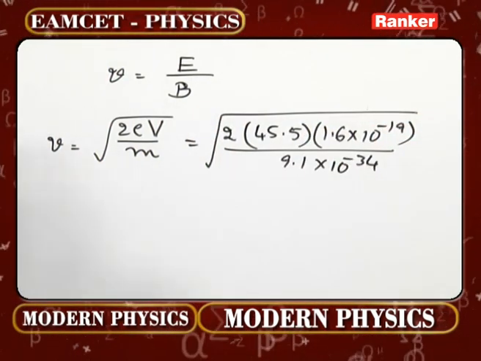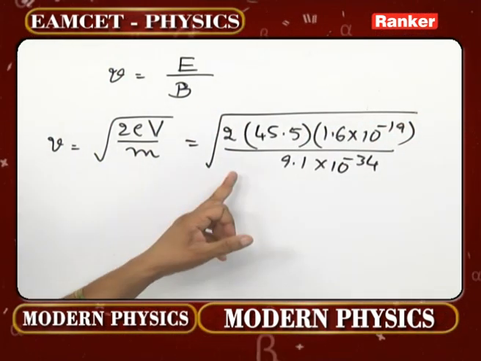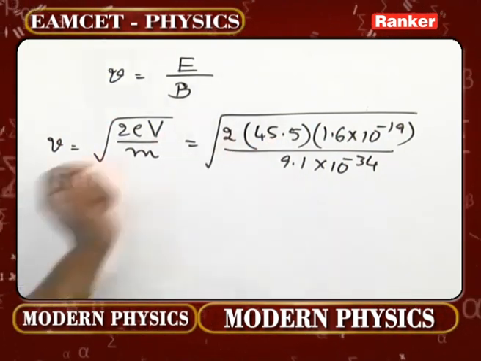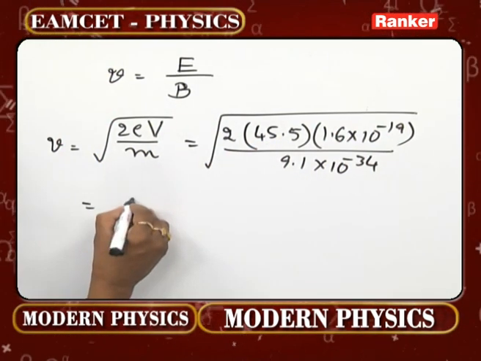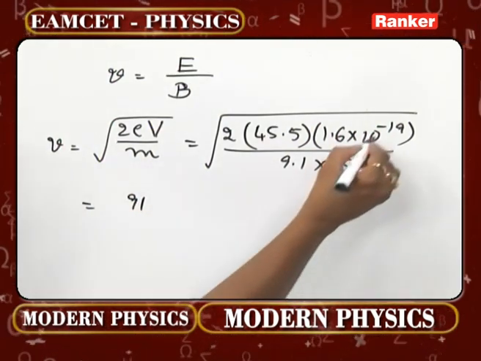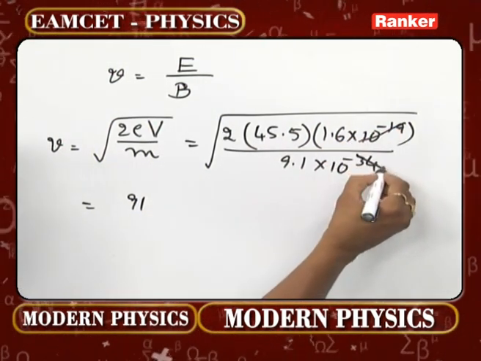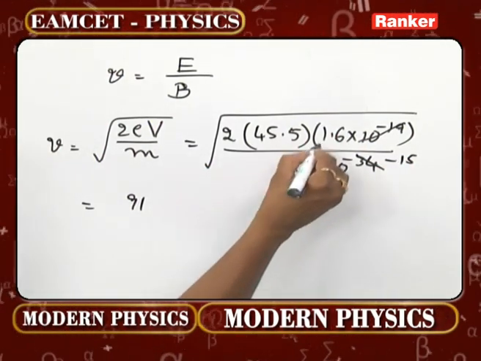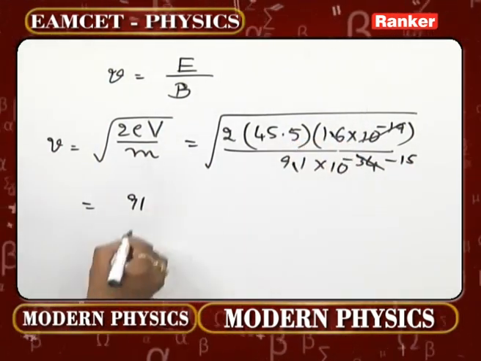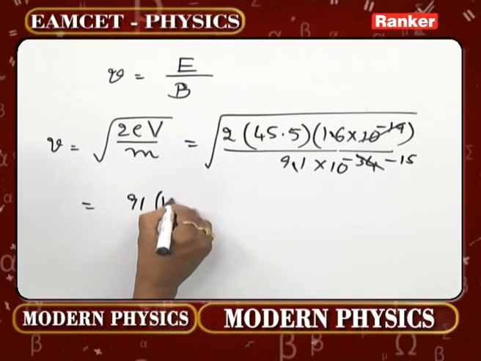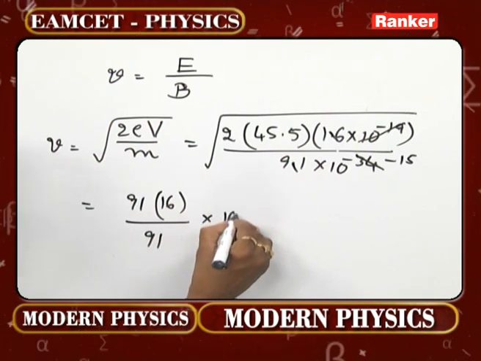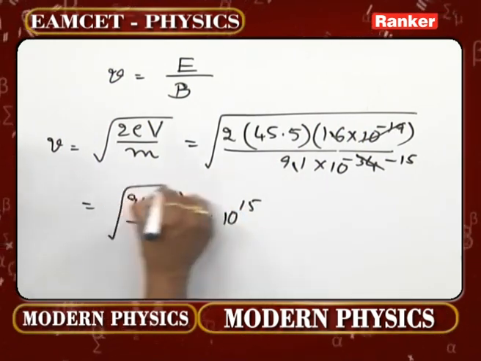Take under root. 2 into 45.5 is 91, and 10 power minus 19 cancels here, leaving minus 15 times. So this decimal and this decimal you can cancel off: 91 into 16 by 91 into 10 to the power 15, whole under root.